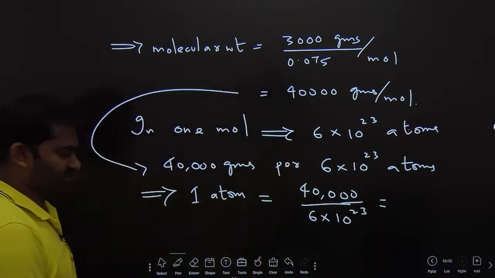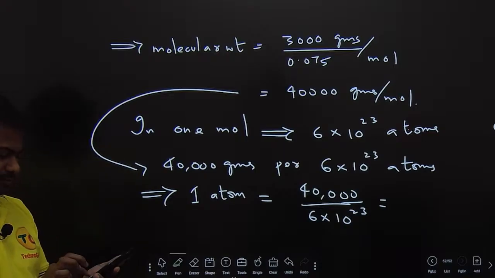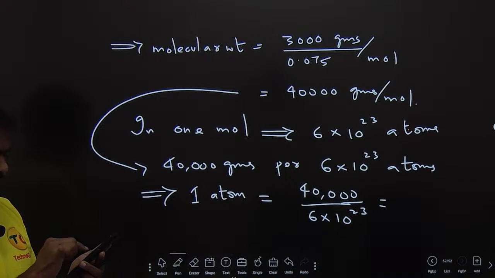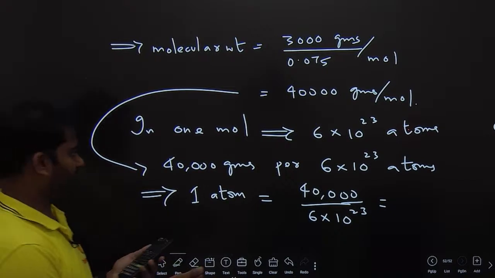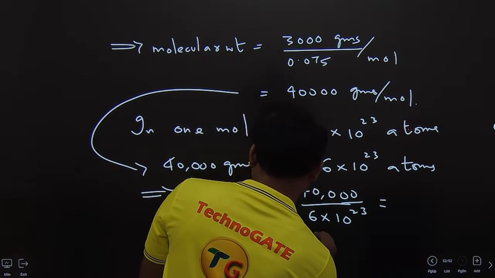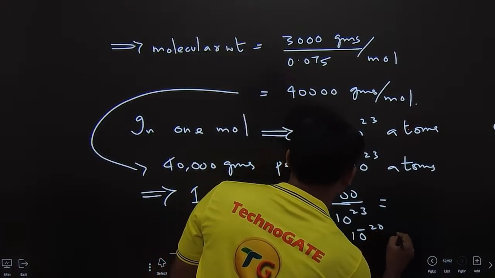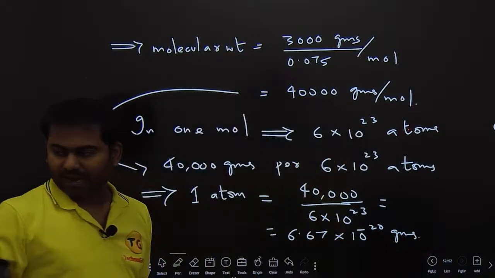If you simplify this, it is coming out to be 6.67 into 10 power minus 20 grams. So 1 atom is this much.